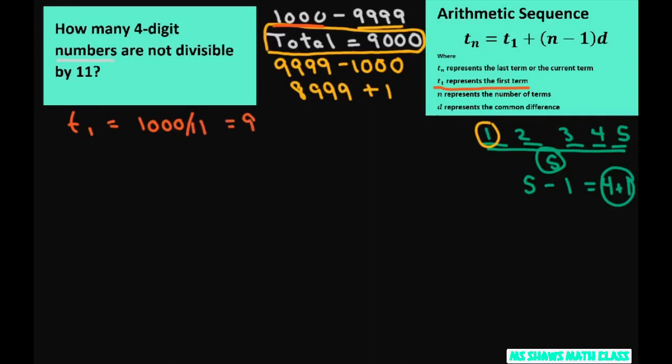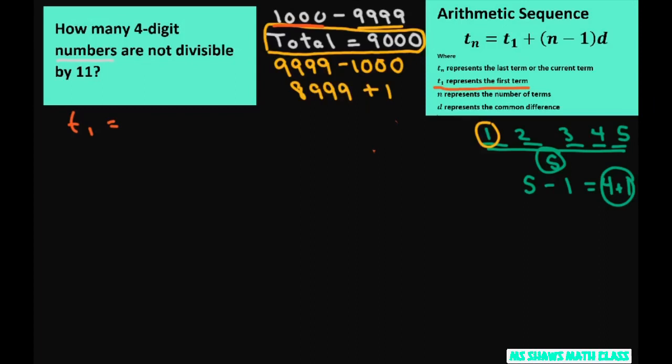And I got 90.9. So I rounded this up to 91. Then I took 91 times 11, and I got 1,001. And some of you already probably knew that the first 4-digit number was 1,001. But if you don't, that's a way to go. So we know 1,001 is going to be our first number.